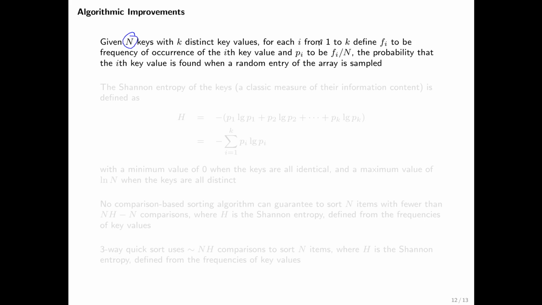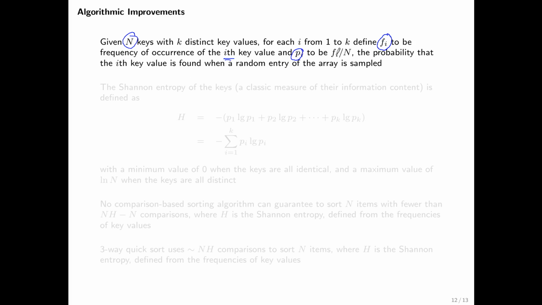Now for each I from 1 through k, we are going to define f sub I to be the frequency of the ith key. So f sub I denotes the number of times the ith key appears in the input. And then p sub I is simply going to be the probability that the ith key is found when a random entry of the array is sampled.